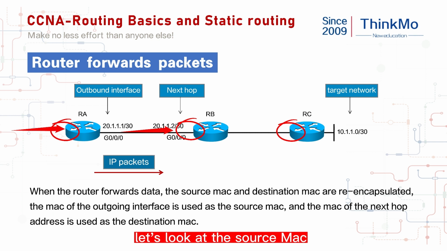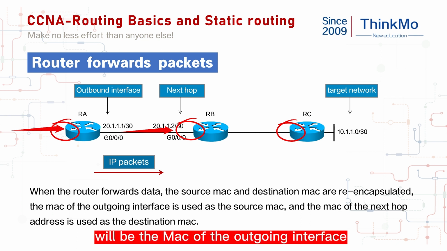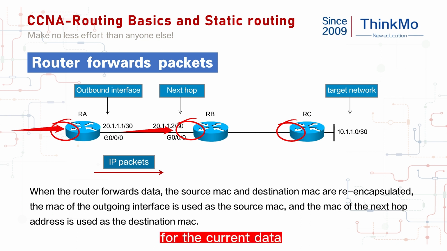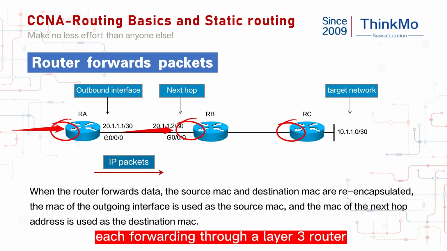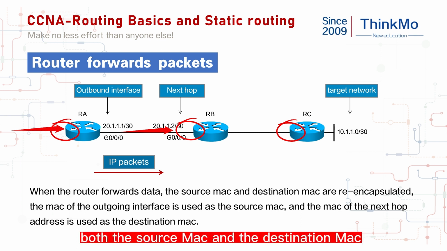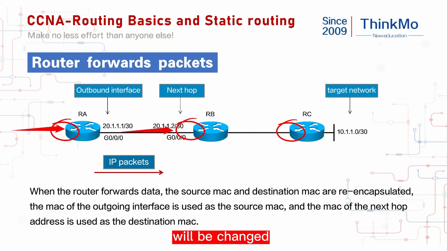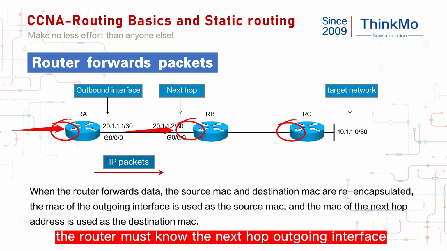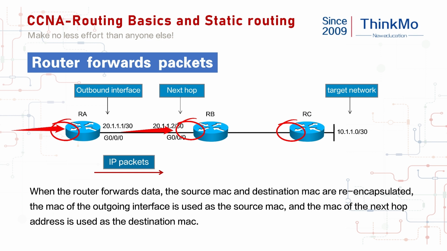Let's look at the source MAC. When data is forwarded, the source MAC will be the MAC of the outgoing interface. For the current data, each forwarding through a layer 3 router, separated by the interface of the router, on each different link, both the source MAC and the destination MAC will be changed. The router must know the next hop outgoing interface to send the data.